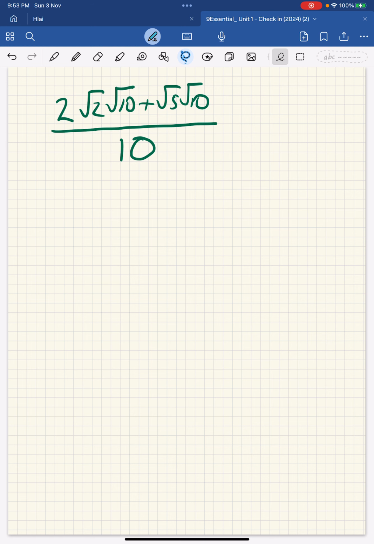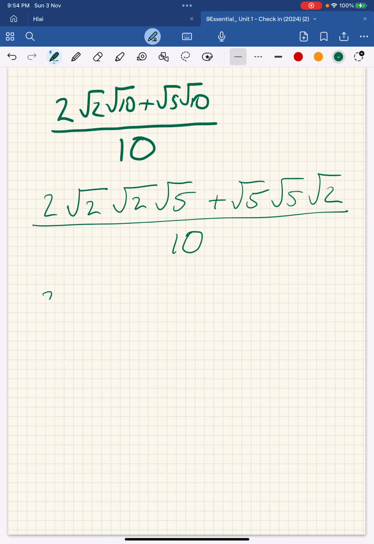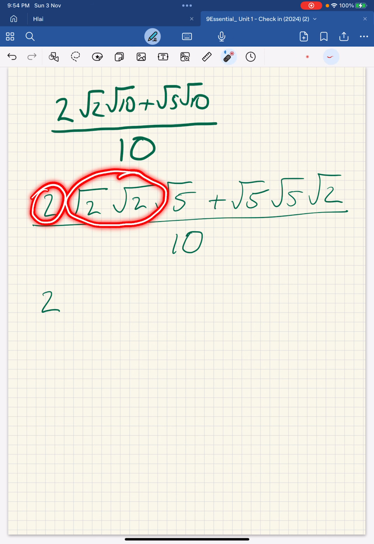Okay, so we want to simplify the surd as well. So this is 2 root 2. Instead of root 10, I'm going to change it to root 2 root 5. And this is root 5 times root 10. Instead of root 10, root 5 root 2. So it looks a bit crazy, right? But I think this is the easiest way. And now look, we've got 2 for this guy. And then we've got root 2 times root 2, which is another 2.